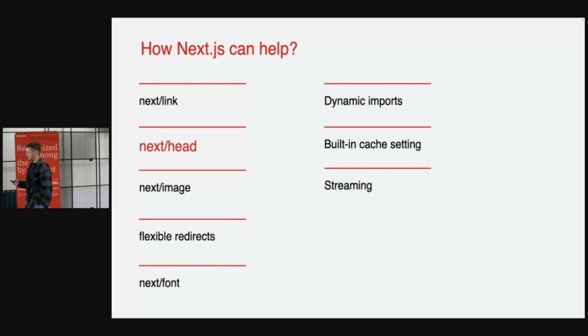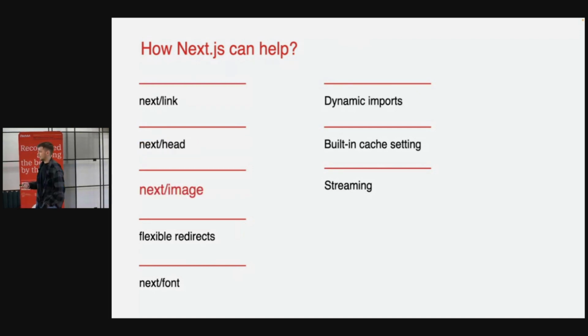Then next one is next image. A nice tool that can really help you reduce the time for the browser to render correctly how images should be placed in your browser.